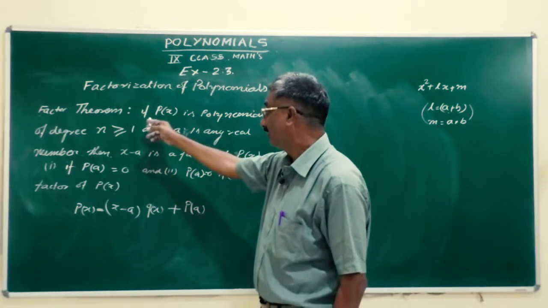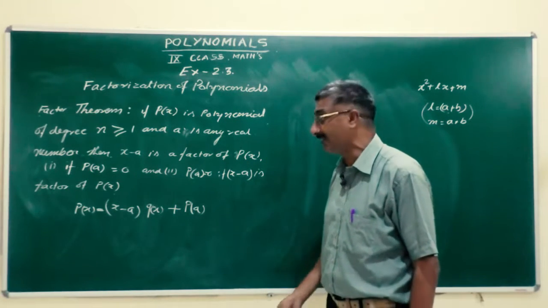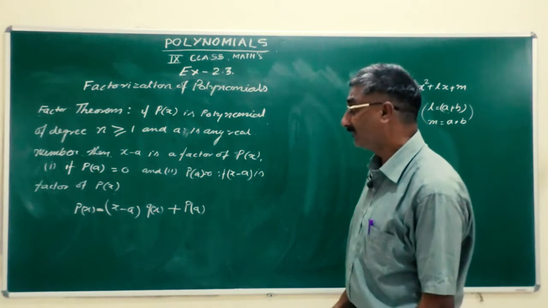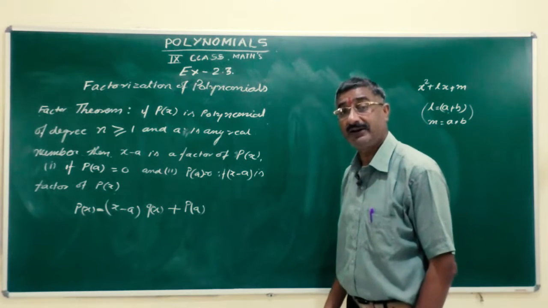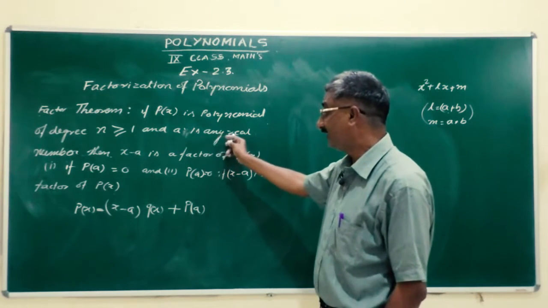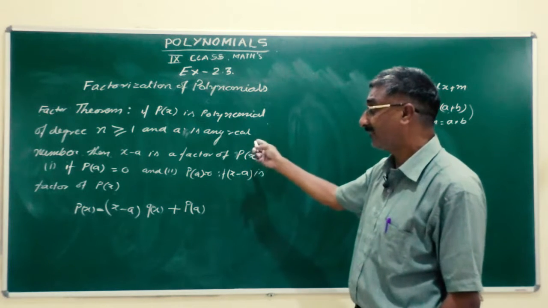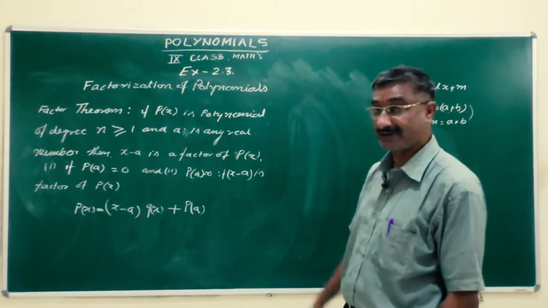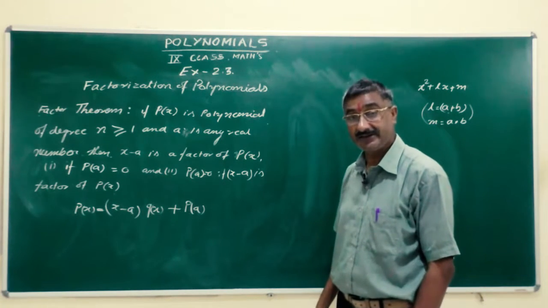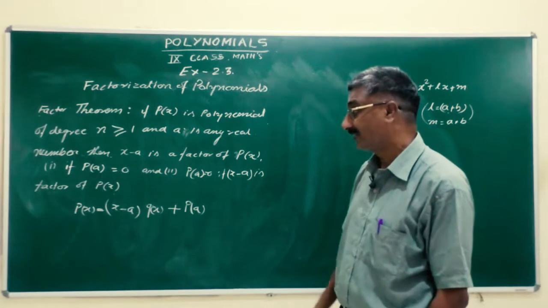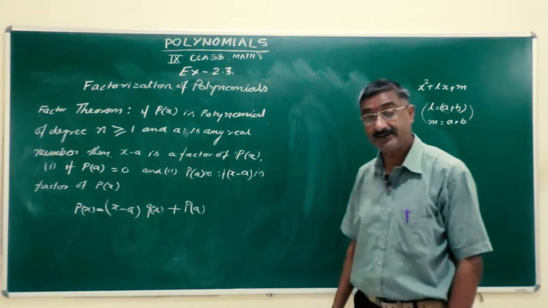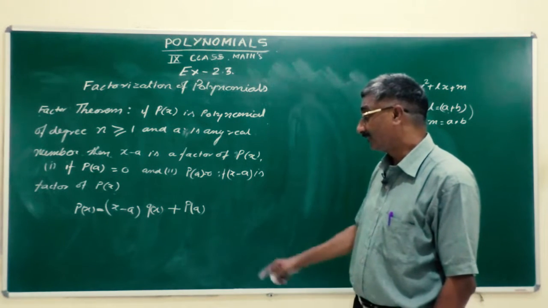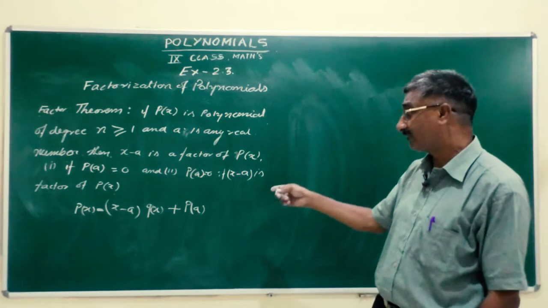What is the factor theorem? If px is any polynomial of degree n, where n is greater than or equal to 1, and a is any real number, then x minus a is a factor of px if pa is equal to 0, meaning the remainder is equal to 0.